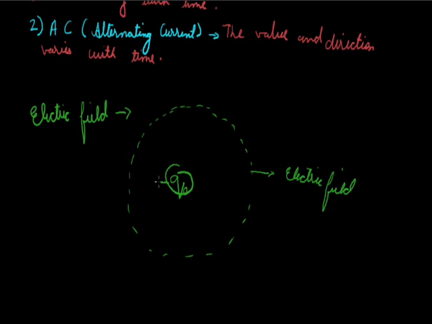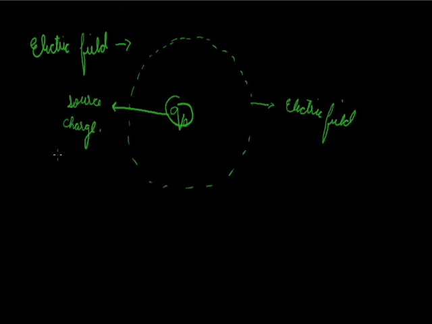The charge which produces the electric field is known as the source charge. The source charge is taken very small and positive. It is taken positive just for convenience. Electric field intensity at any point is the strength of the electric field at that point. It is defined as the force experienced by a unit positive charge at that point.